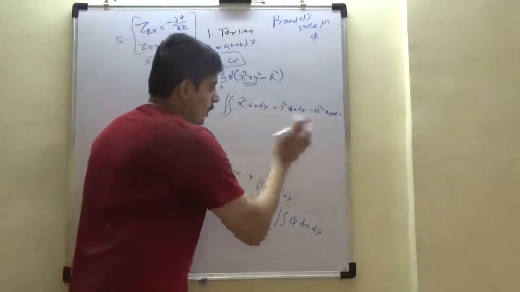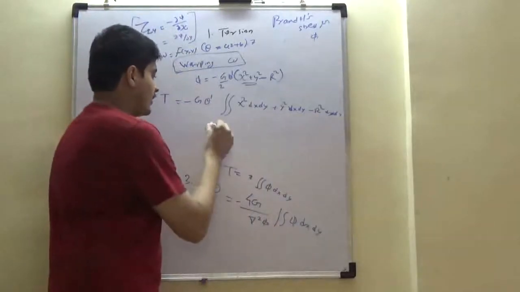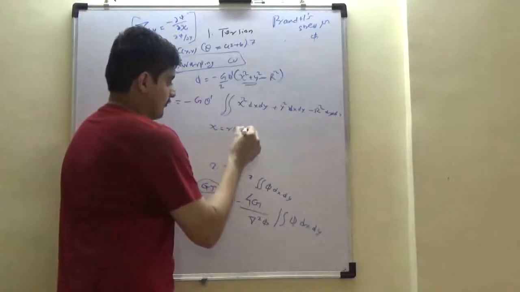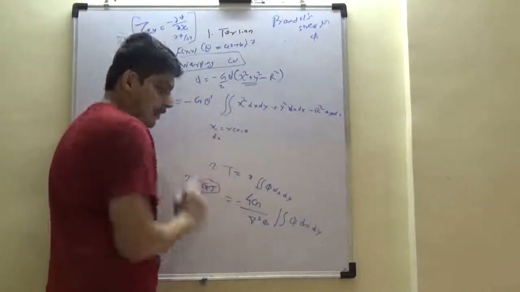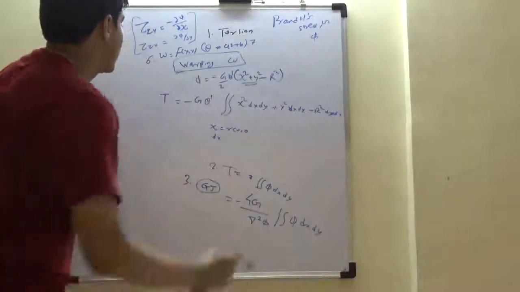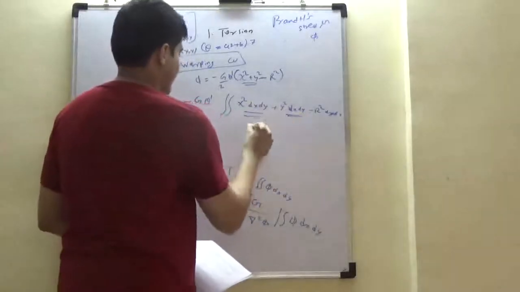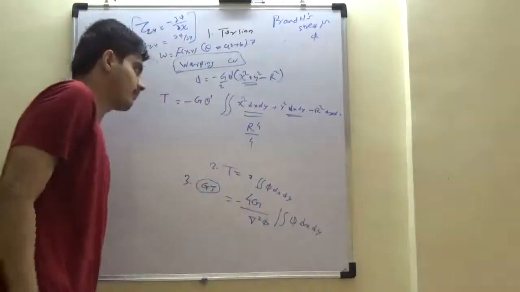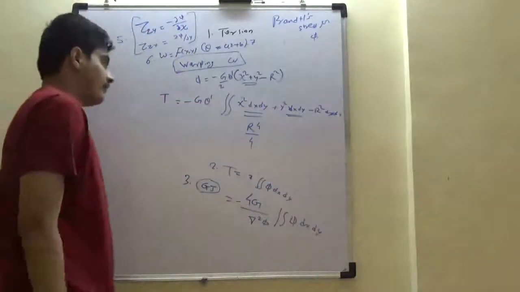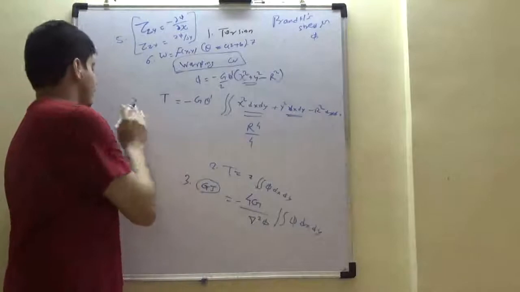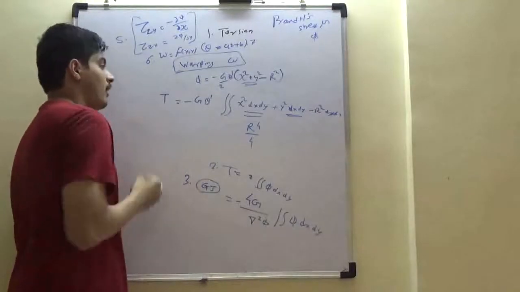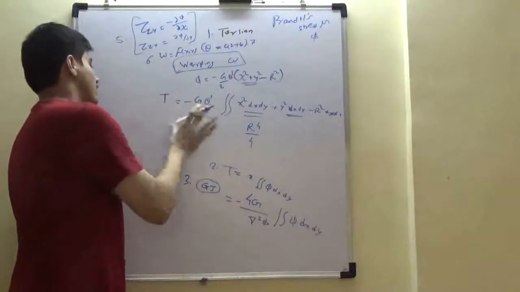If you use polar coordinates here, wherein x equals r cos theta and y equals r sin theta, you will see that this is nothing but the second moment, right? And these integrals are known. You can actually solve them. For a given y, x square dx, what you will have to substitute is r d theta.